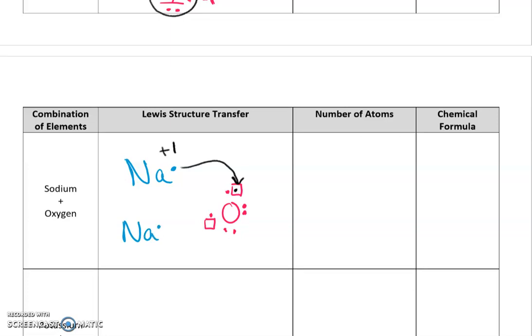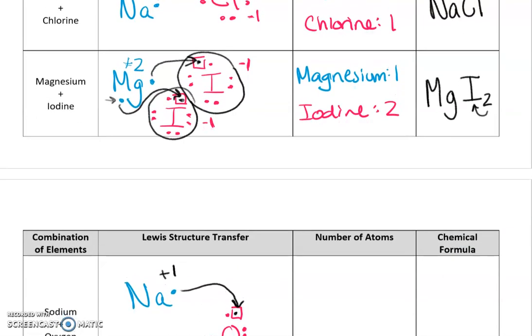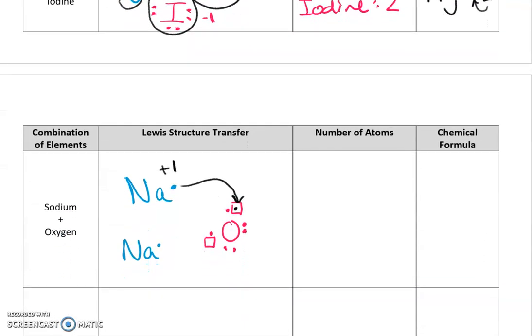So similar to how we did in our example above with magnesium and iodine, we had to add 1 more atom in order to get rid of both of the magnesium valence electrons. We need to do the same thing here. So oxygen needs 1 more, so it is going to bond with 1 more sodium atom to fill in this other unpaired electron.